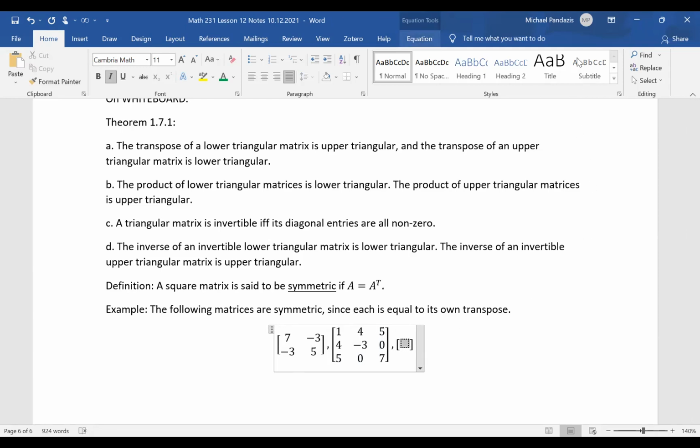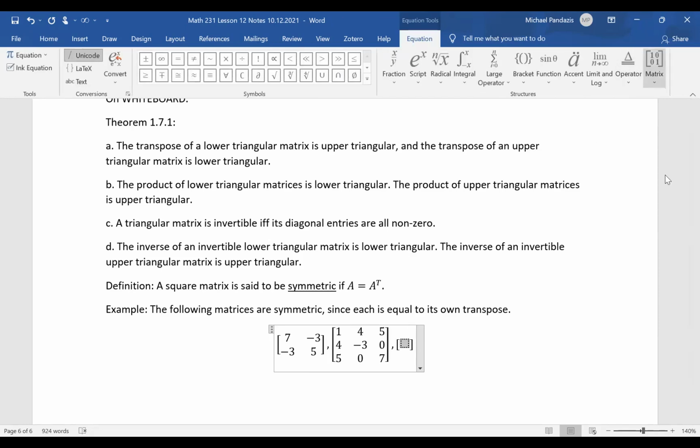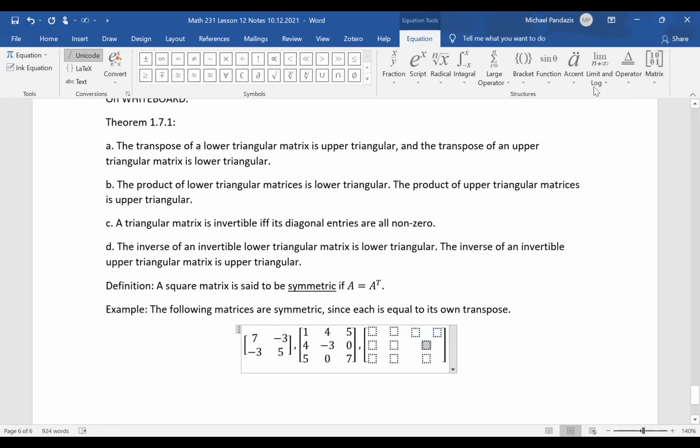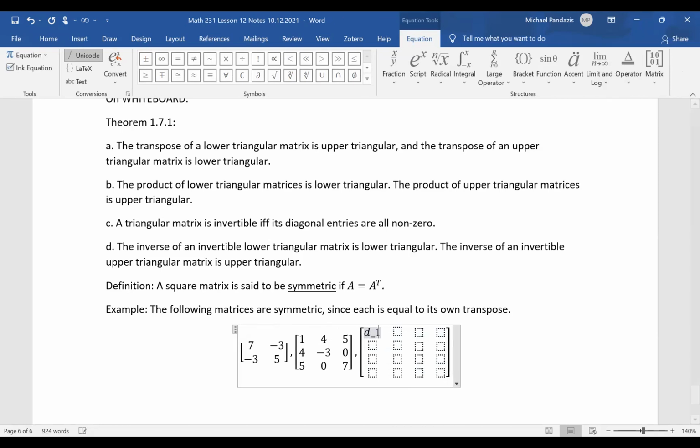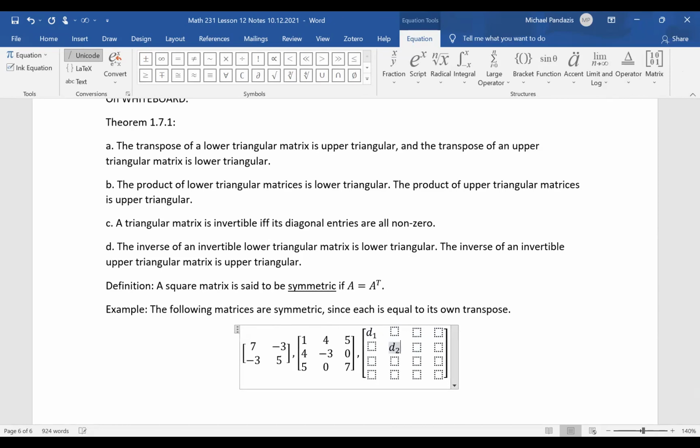And then if you have a diagonal matrix, so that's D1, this is D2, this is D3, and this is D4, and all the other entries are 0.